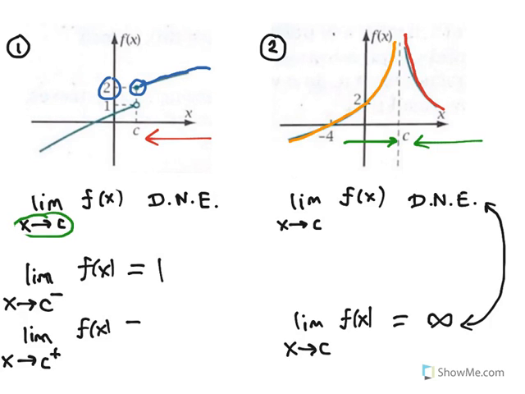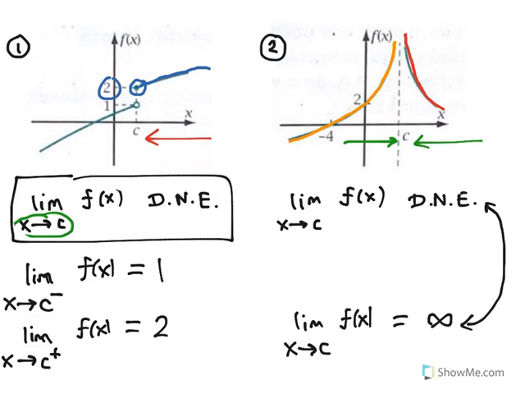So here, the one-sided limit is equal to 2. And in fact, it is a requirement for the two-sided limit to exist that the one-sided limits exist and are equal to each other. And what we have here is that the one-sided limits, they exist, but they're not equal to each other. And that is why the two-sided limit does not exist.